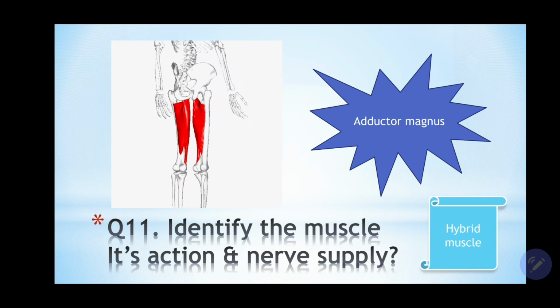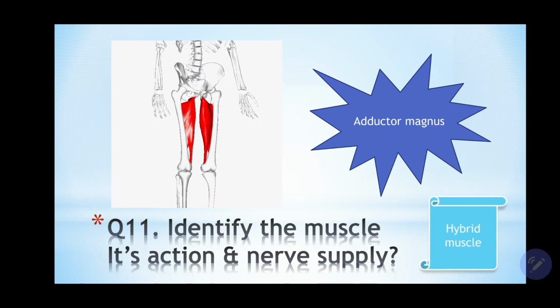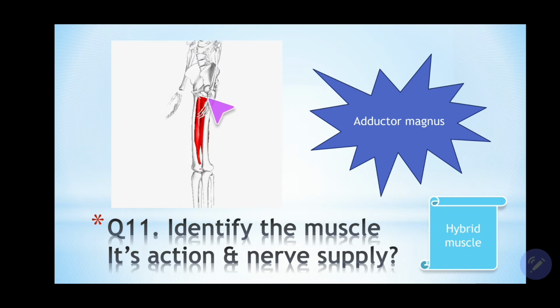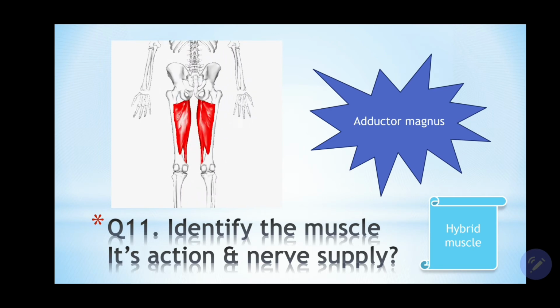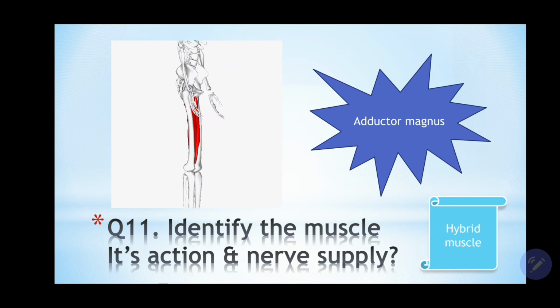So the horizontal fibers, or say a little bit oblique fibers, go and insert onto the upper portion of linea aspera, and those are fibers which are innervated by the posterior division of obturator nerve. So those fibers belong to the adductor compartment.